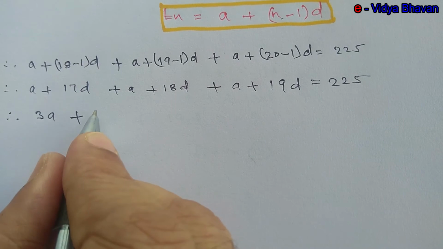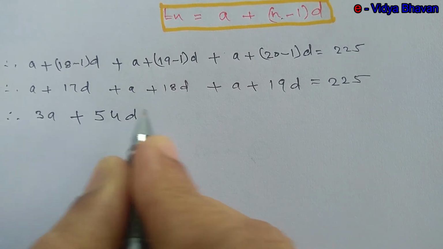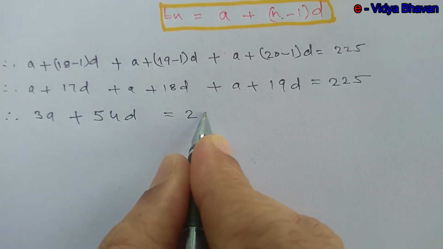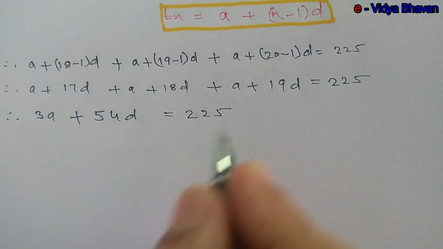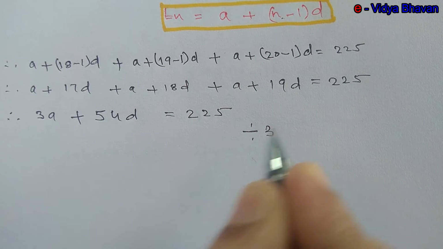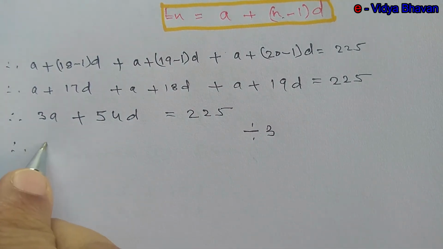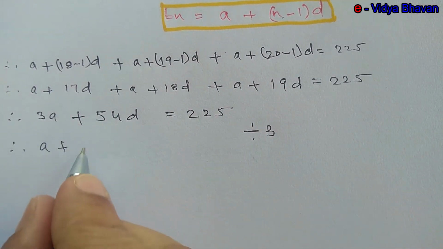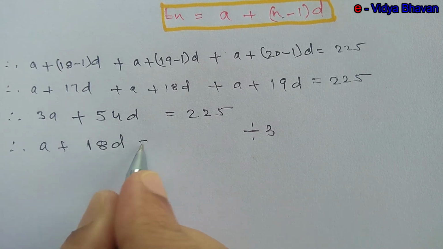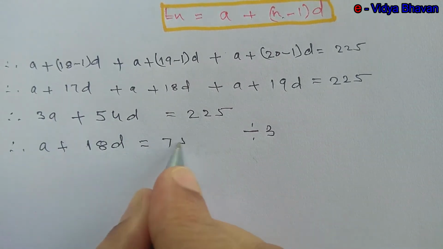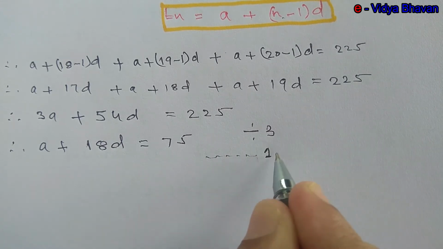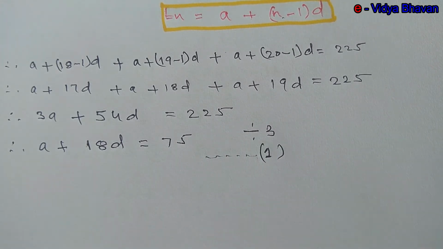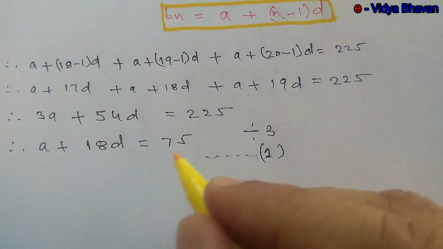If you add, we will get 54d, so 3a plus 54d equals 225. Divide by 3. We have a plus 18d equal to 75. And this we can mark as statement number 1. So we got one equation here.